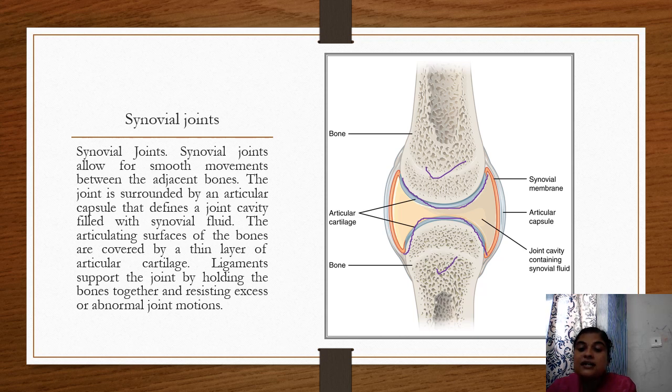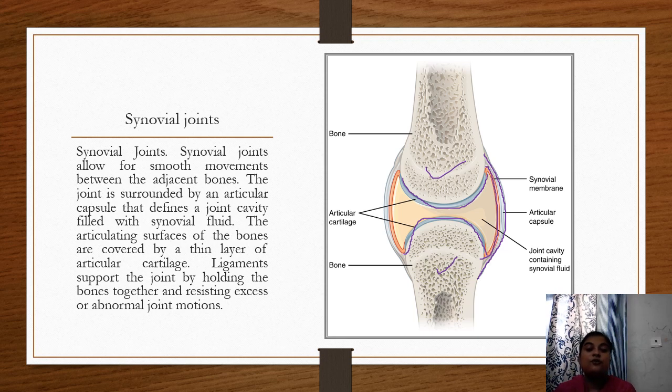Just outside the synovial membrane, the articular capsule is present. The articular capsule is joining the bone parts. The synovial membrane, which is joined to the articular cartilage, produces the synovial fluid, and this joint cavity contains the synovial fluid.